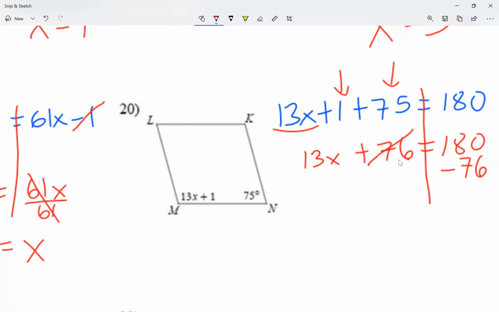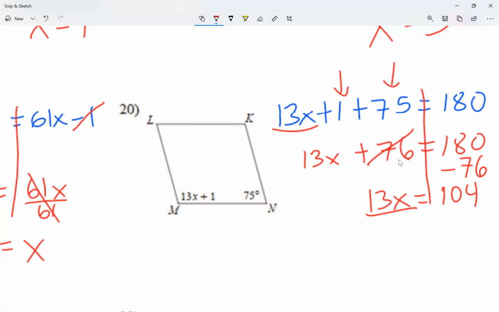So this plus 76, I'm going to move this over as a minus 76. In reality, I'm really just combining like terms. If I had x's on both sides, I'd move them to one side. Whenever you move something from one side to the other, don't forget to switch the sign. Notice how it was plus 76 and we went minus 76. So I have 13x equals 180 minus 76, which is 104.